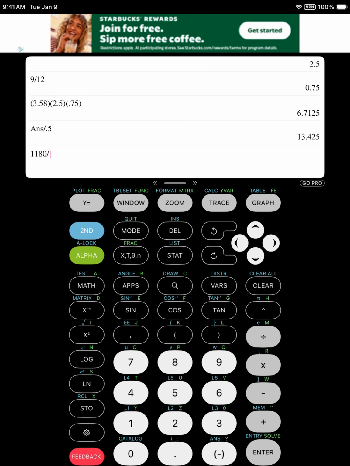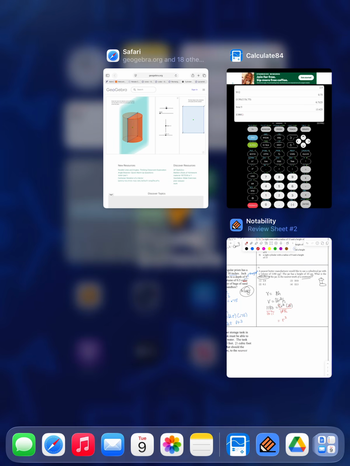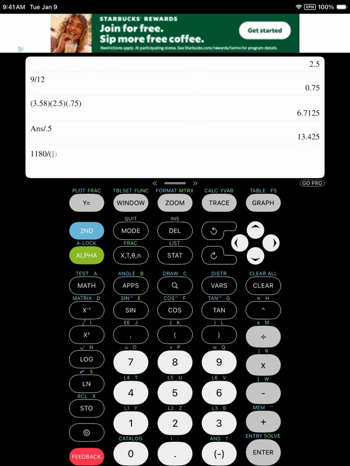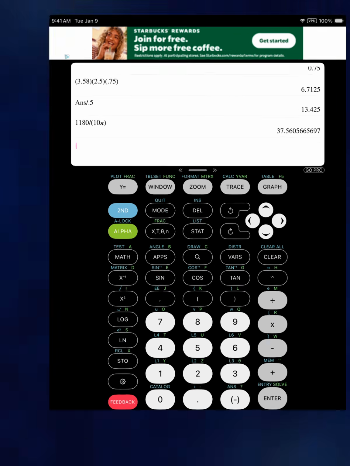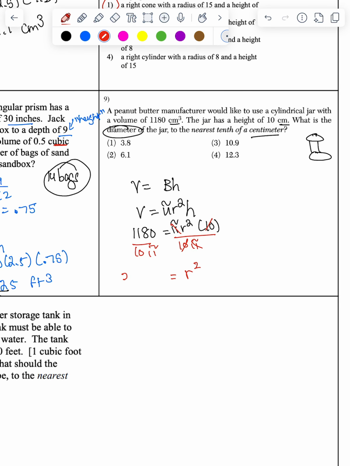So in my calculator, I'm going to do that. 1,180 divided by, what was that again? 10 pi. And that's 37.5606. And then to get r by itself, I'm just going to take the square root of both sides.